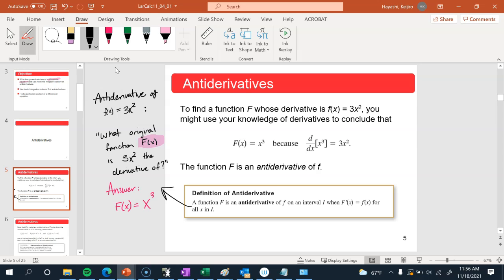The little f that you're given, that you're looking at, is the derivative of some big F. What that big F originally was is going to be your antiderivative. So in a way, we're still thinking about derivatives. We're just thinking about them in the opposite direction.